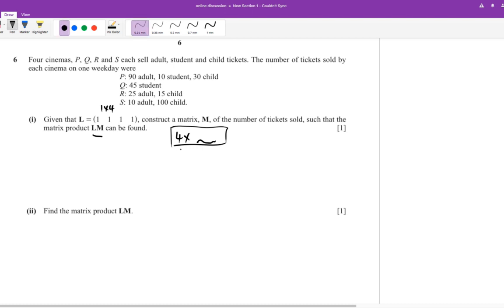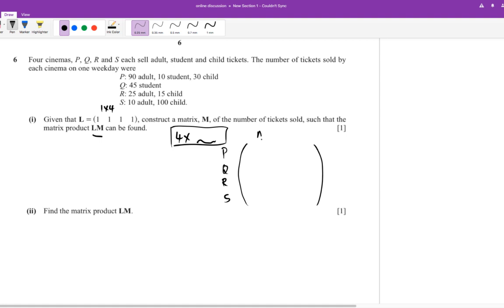If this one starts with 3, then they don't have the same number in the middle, you cannot multiply. Because P, Q, R, S is just nice, because P, Q and R, S you have 4 rows, right?